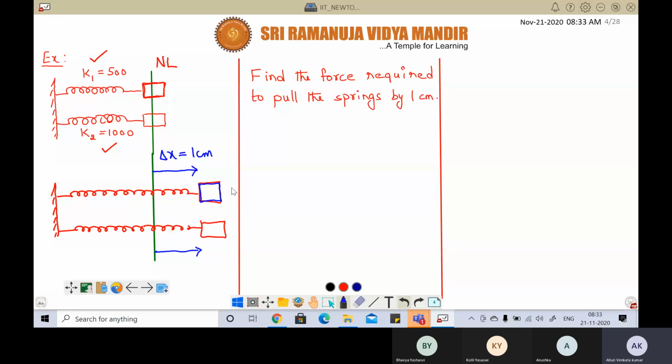Now what is the force required to pull? Here a man is applying force like this. If the man has moved up to here, 1 centimeter, and leaves it, the block will move to the left side, correct? So if the block has to stay here at 1 centimeter, the man has to apply some force.